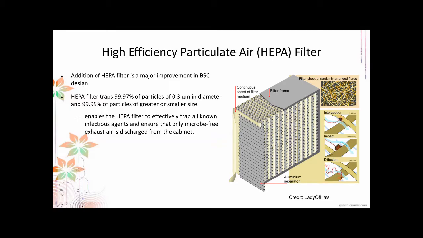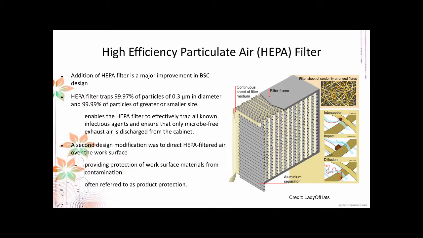Even if the particle is small enough to pass through, it can still be intercepted because of the thickness of the filter and the randomly arranged fibers. So the HEPA filter effectively entraps all known infectious agents and ensures that only microbe-free exhaust air is discharged from the cabinet.